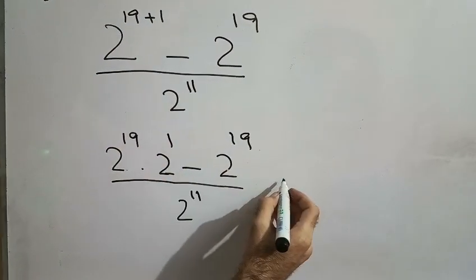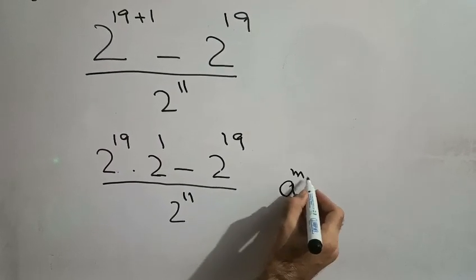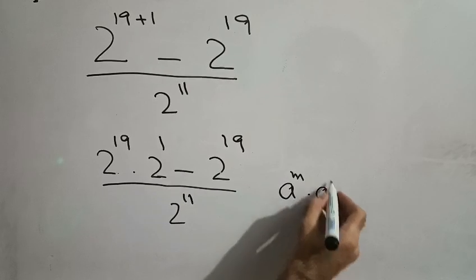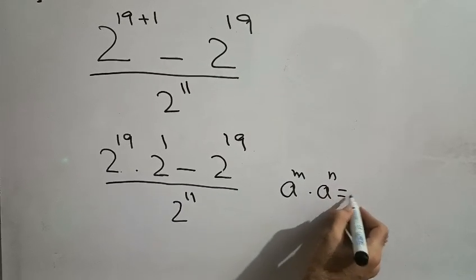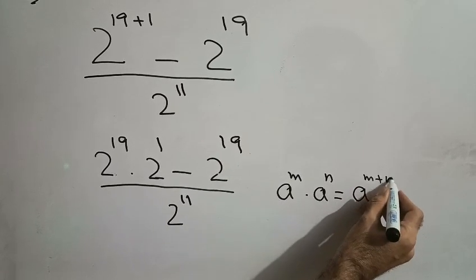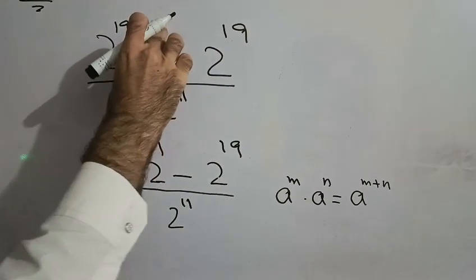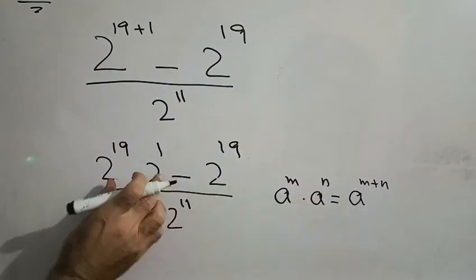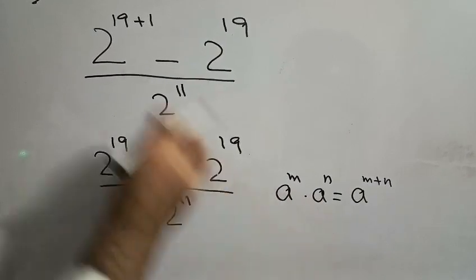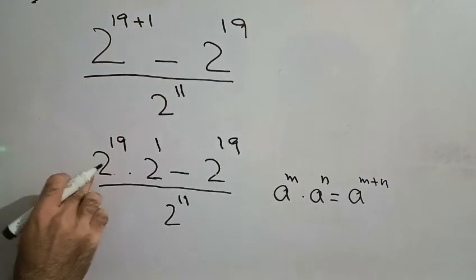Because as we know that a power m into a power n is equal to a power m plus n. So this is the form like this and this is the form like this. So both are equal. So we can write 2 raised to the power of 19 plus 1 like this.